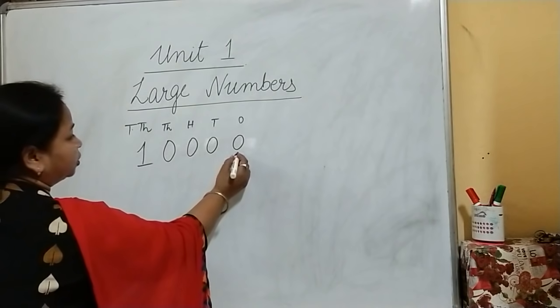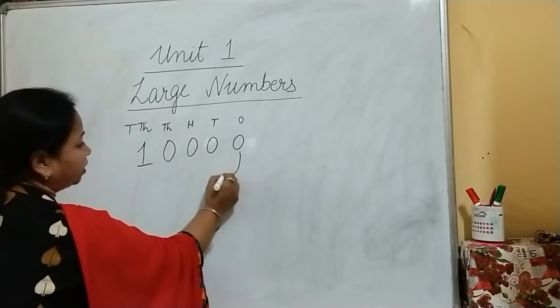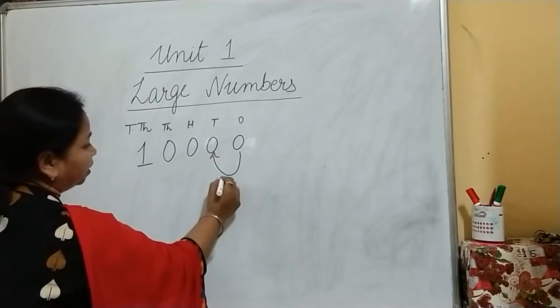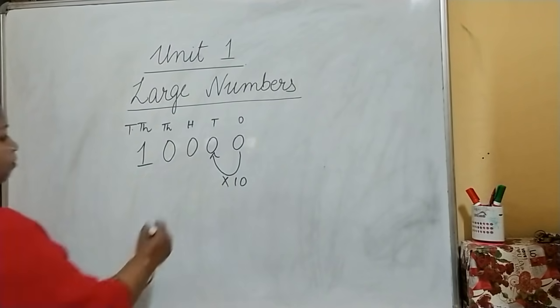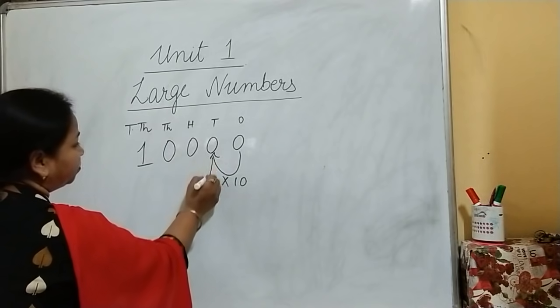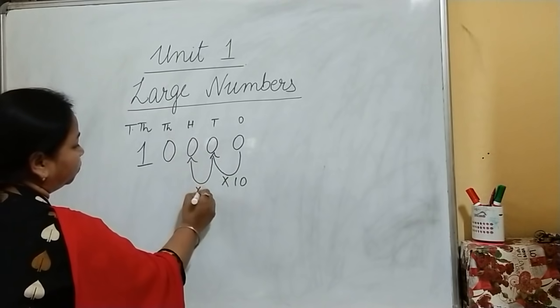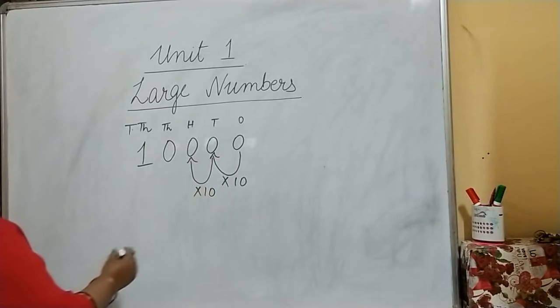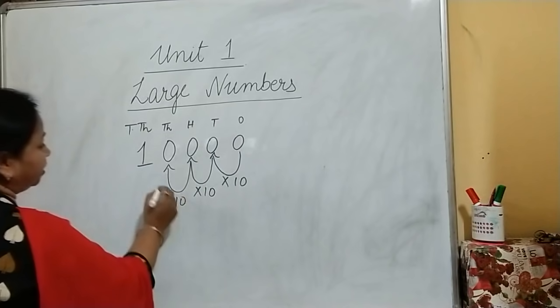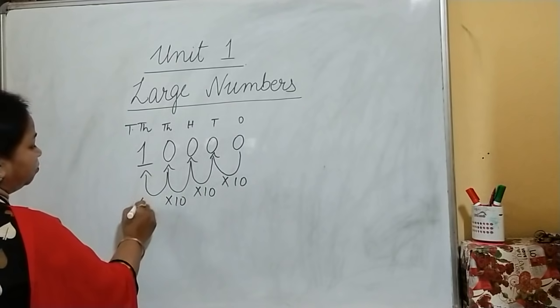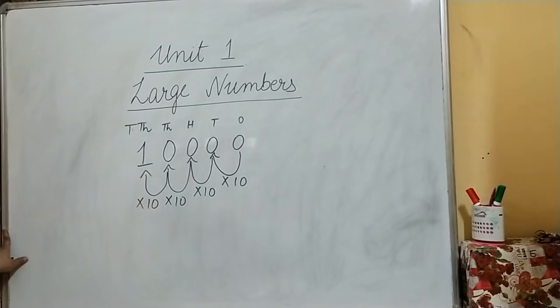The moment you shift from ones place to tens place, we have to multiply by 10. The moment we shift from tens to 100, we again multiply by 10. From 100 to 1000, multiply by 10 again. 1000 to 10,000, multiply by 10 again. Let me explain once again.